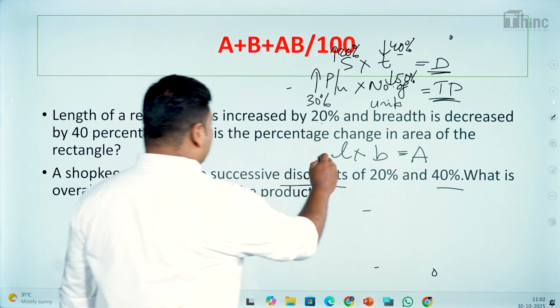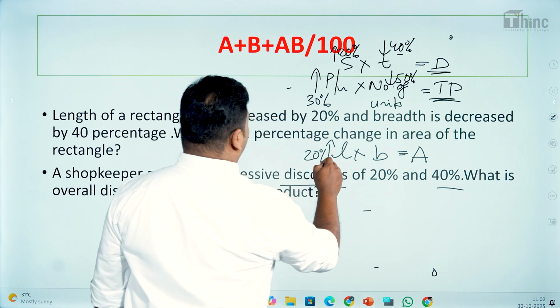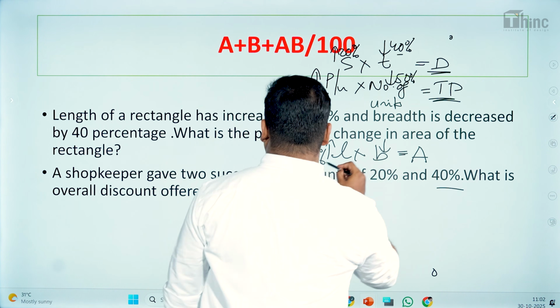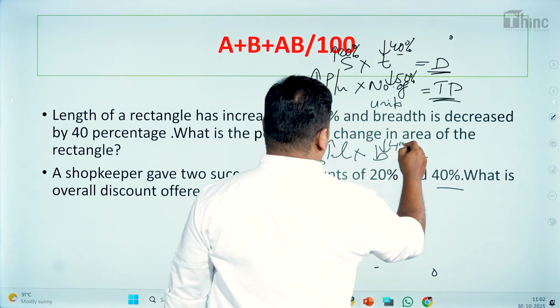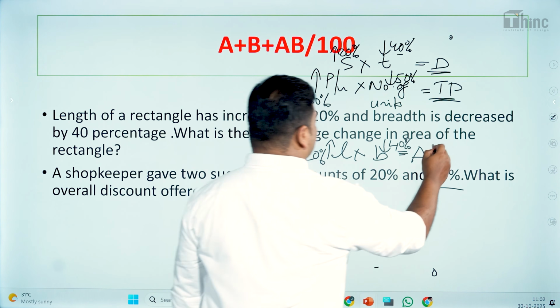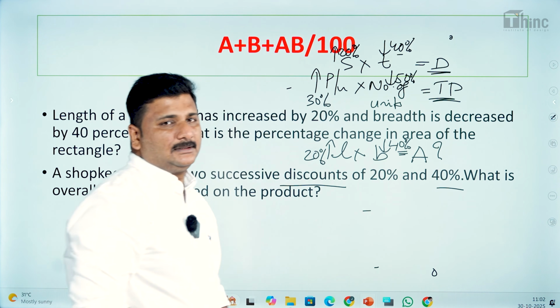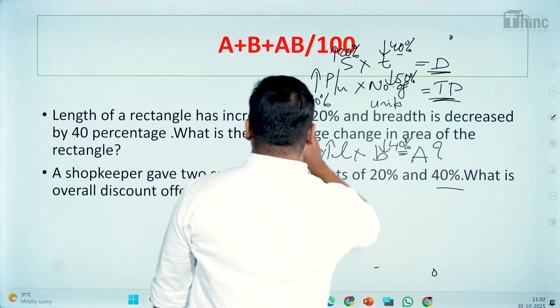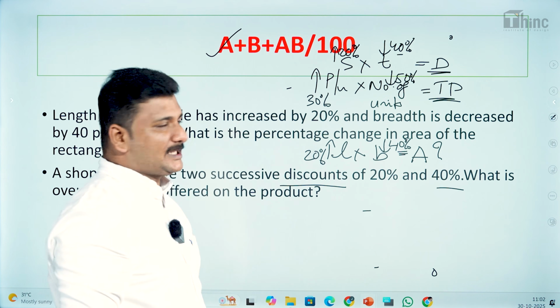So length is increased by 20%, breadth is decreased by 40%. We need to find the percentage change in the area, right? So we can use the same formula, that is A plus B plus AB by 100.